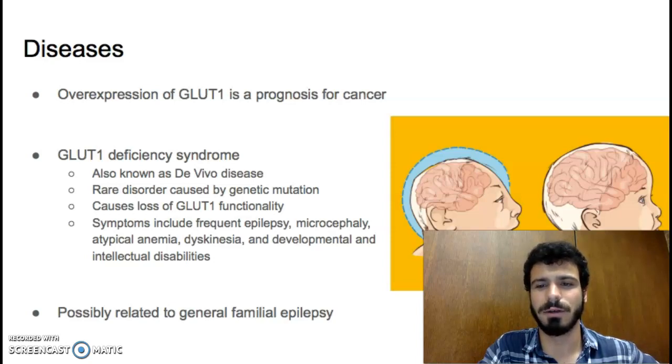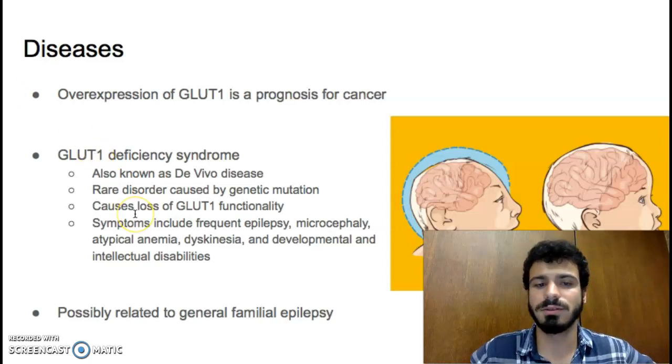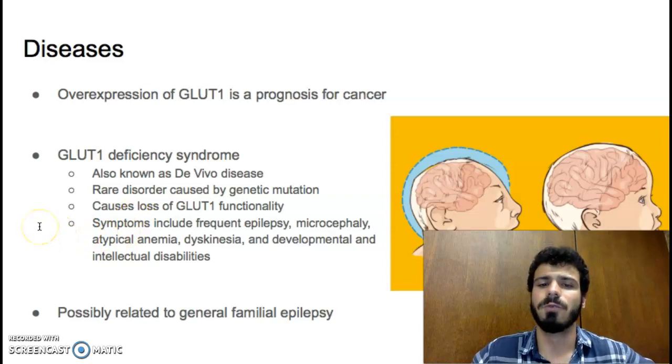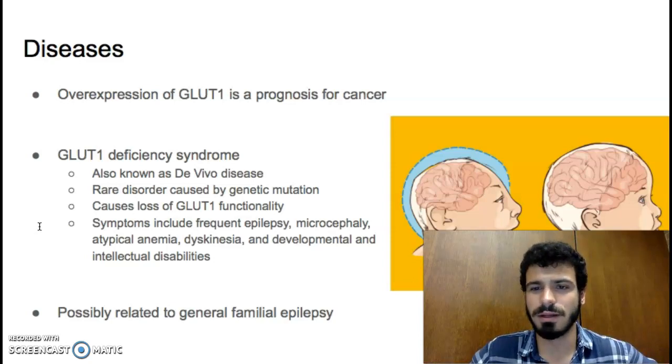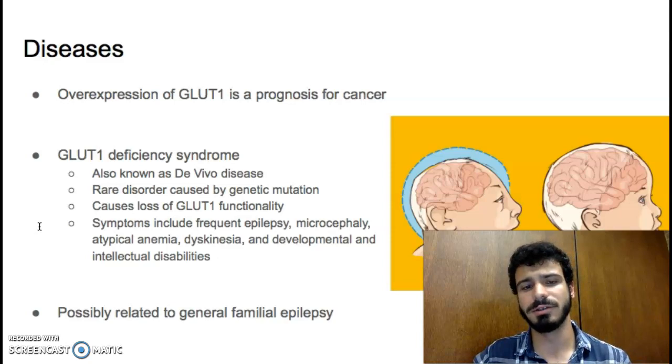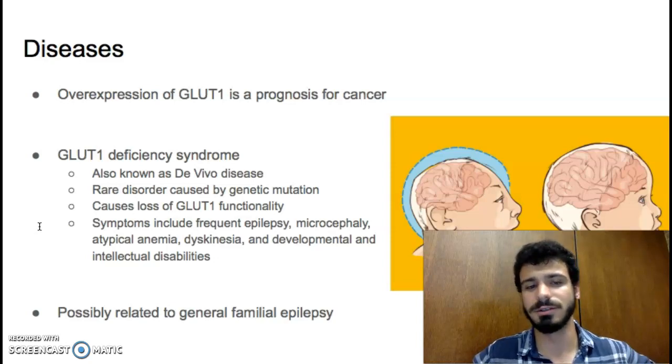Only 500 confirmed cases have been known since the 1990s. Symptoms of this neurological disease include frequent epilepsy, microcephaly, dyskinesia, involuntary muscular contractions and movements, and developmental and intellectual disabilities. These symptoms start manifesting themselves during infancy.